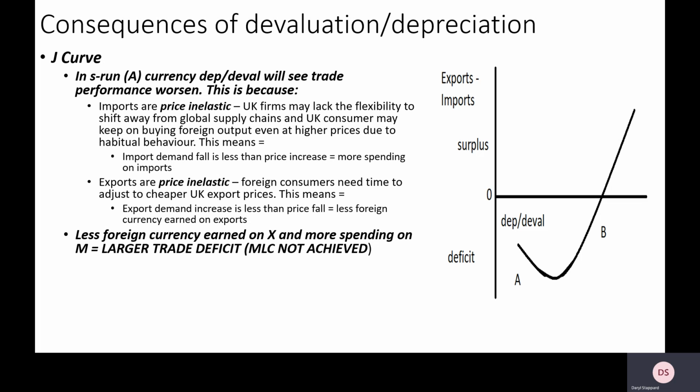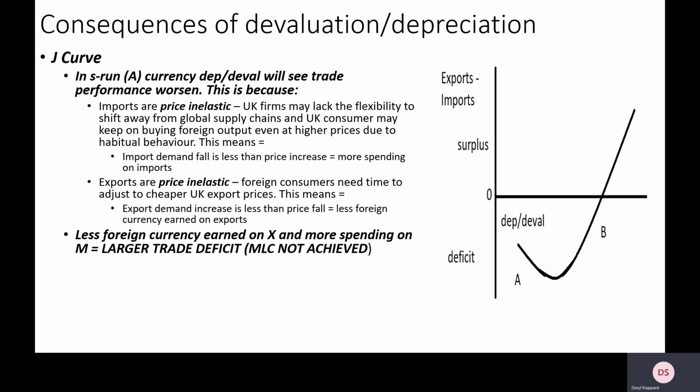That is because imports and exports tend to be price inelastic in the short run. We'll think about what this means on diagrams in a moment or two. Now, the logic would be that when the currency becomes weaker, there should be a fall in demand for imports because they become more expensive. But the problem is that UK firms will use the global supply chain to buy foreign goods and services.